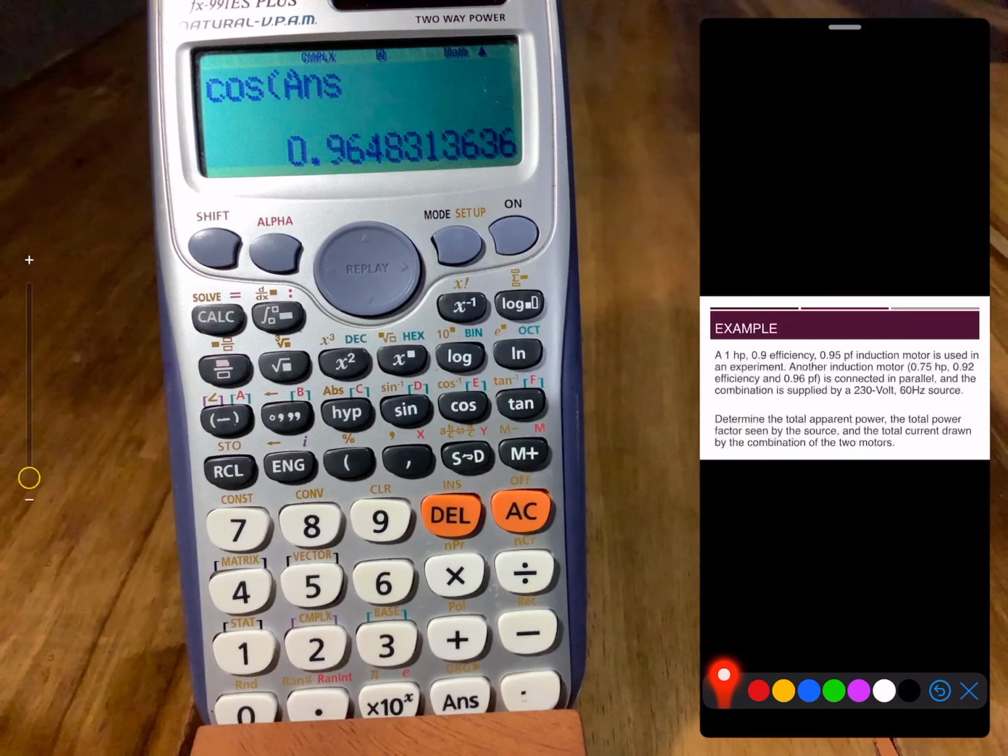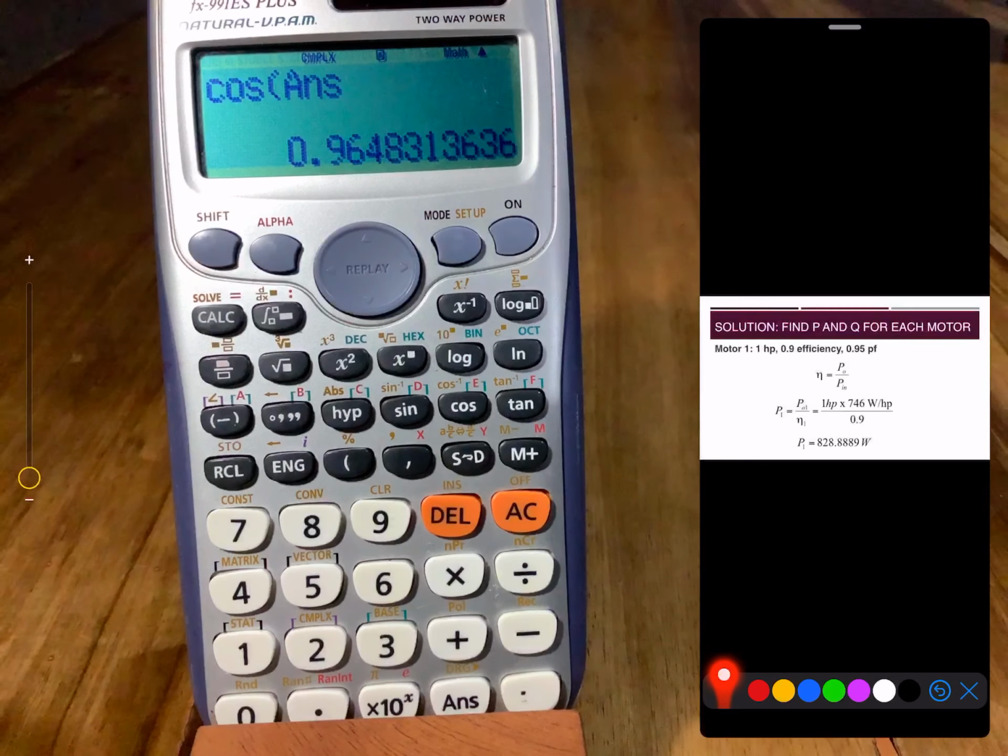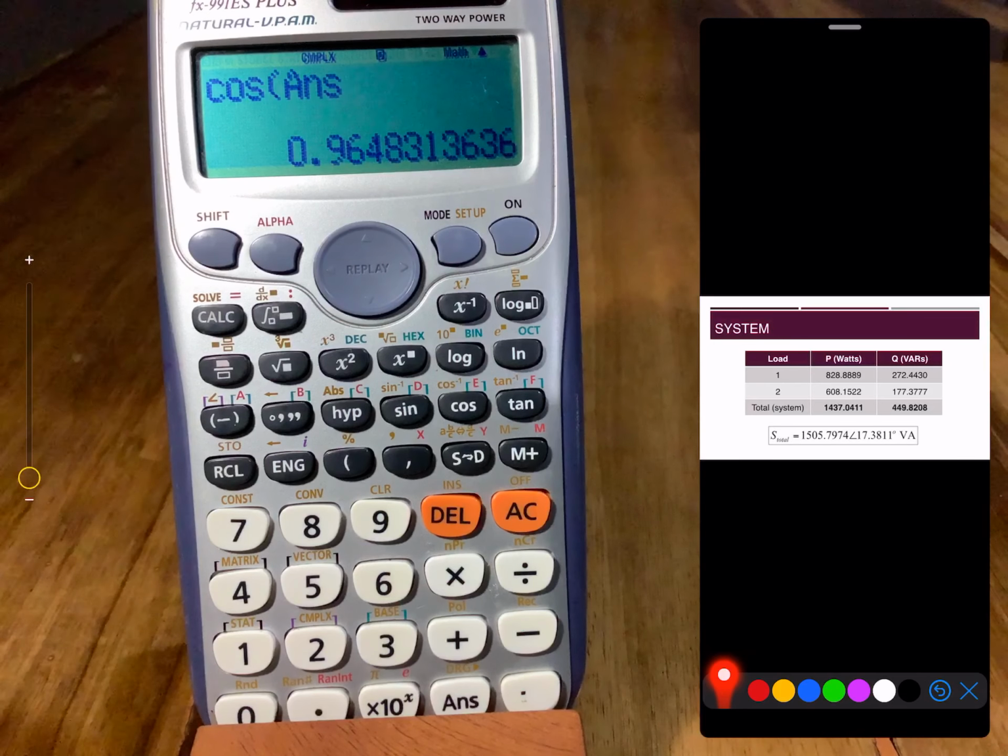So next example, we consider the two motor system. So we have two motors, motor 1 horsepower, and another motor 3/4 horsepower. Okay, and we already solved this problem. For load 1, this is now the summary, real power and reactive power.